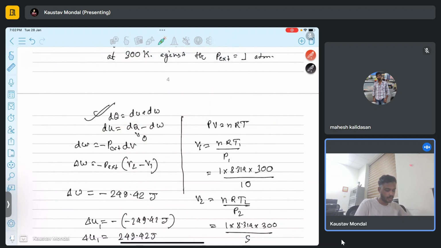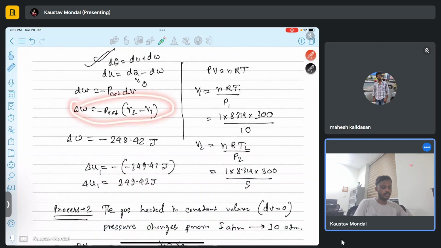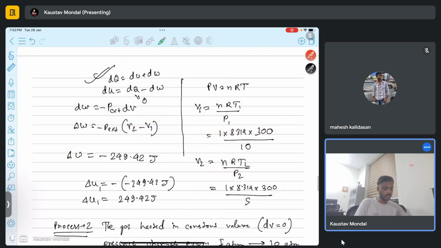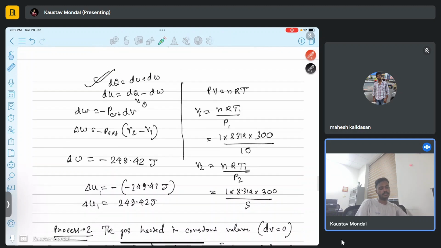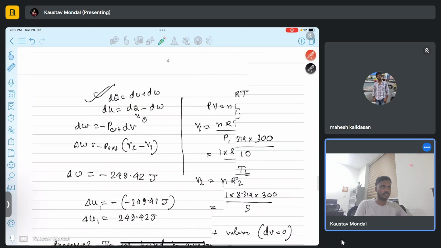The work is done by the gas, so we consider the negative sign. The work done is P dV, so P external into V2 minus V1. Substituting and calculating, we get dW equal to minus 249.42 joule. This is negative, and substituting it here, the negative becomes positive, giving 249.42 joule. That is the change in internal energy during the first process.